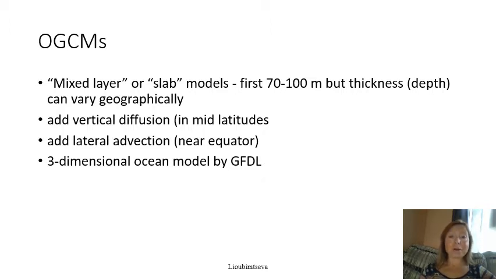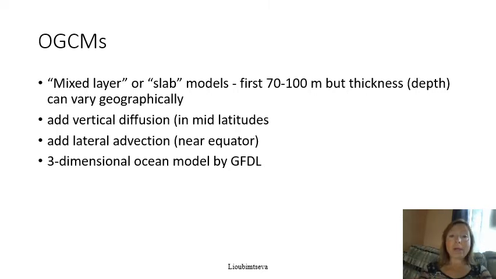And of course, the gradient of salinity is based on the fact that water with higher salinity is much denser compared to fresh water. So the OGCM is focusing primarily on this upper layer of the ocean of approximately 70 to 100 meters deep. This is an area where there is lots of variability and lots of mixing and lots of processes such as vertical diffusion in mid-latitudes.